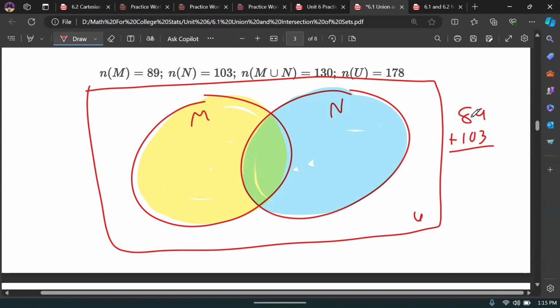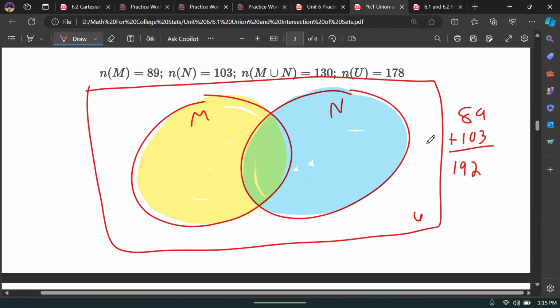So let's add them up first. So if I add them up, 89 plus 103 is 192. Okay? 192. However, I know that the union here can only have a maximum of 130.